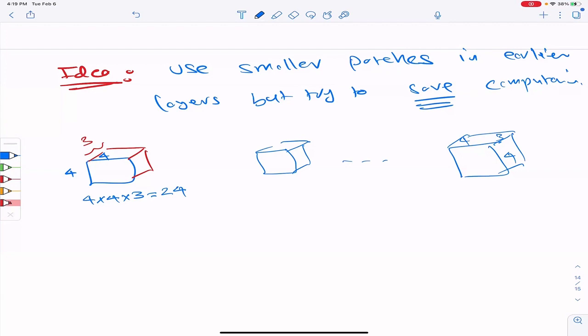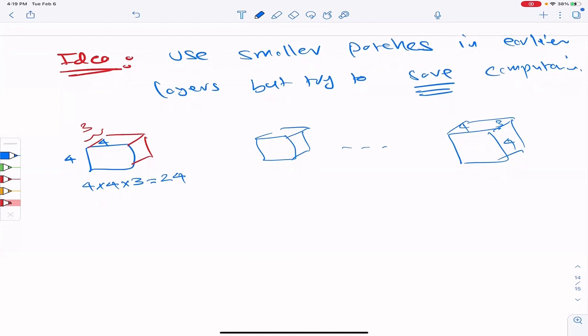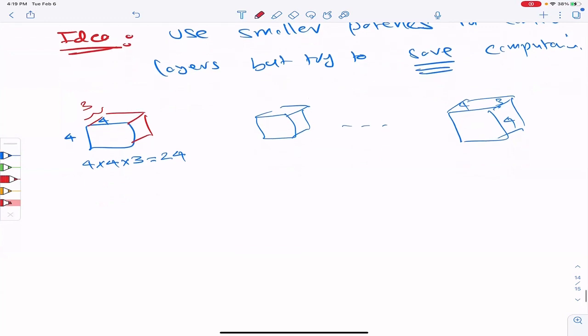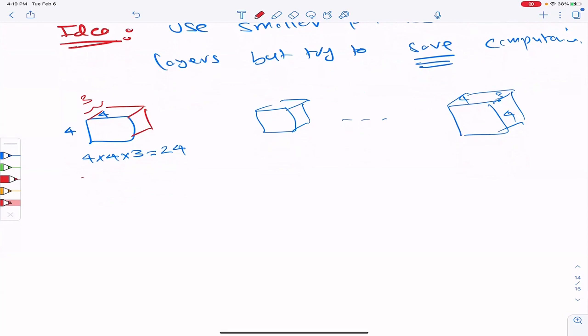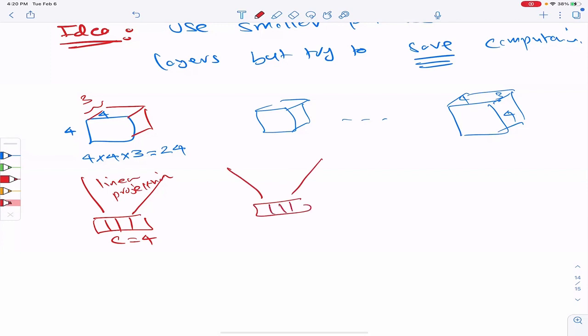Just to shrink it a little bit further. I'm really becoming economical, trying to reduce my computation as much as possible. So I'm going to do a linear projection. I'm going to map it to only 4 numbers, because I really want to push down my computation. Only 4 numbers.